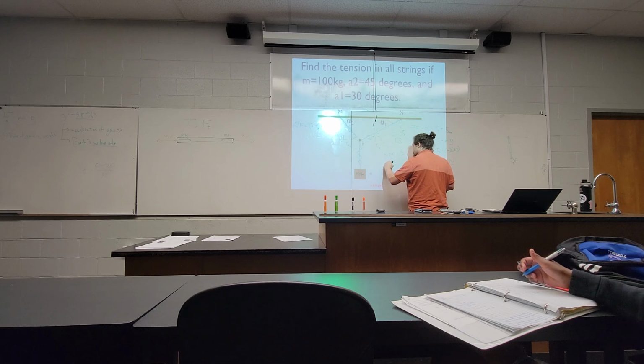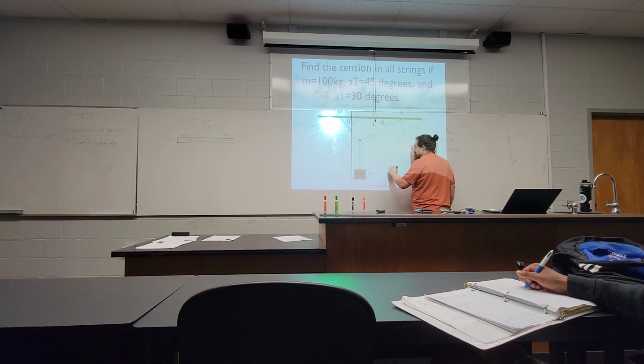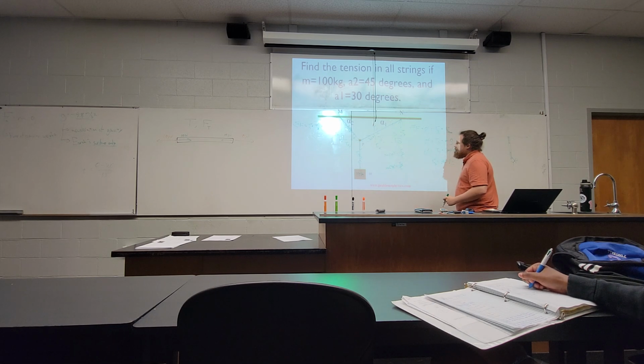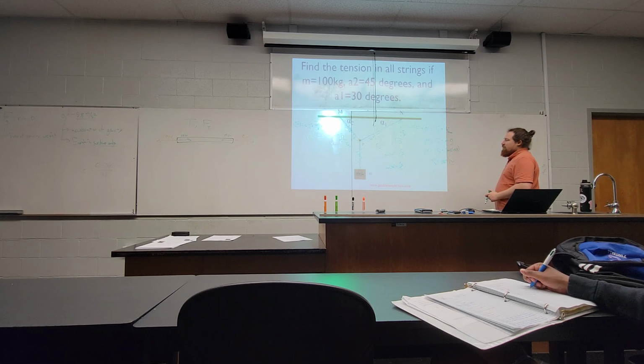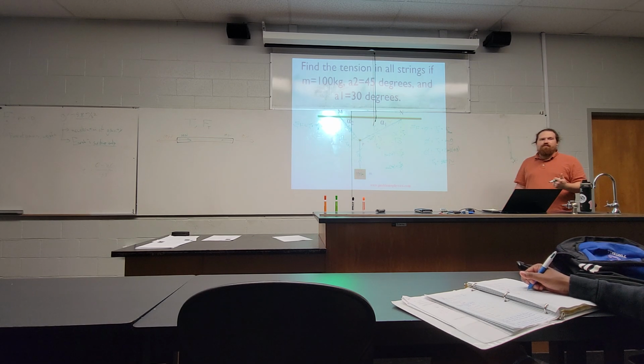Likewise, cosine would be the unknown x leg over the unknown hypotenuse. Now again, we still don't have a value for T1 or T2, so we're not going to get numbers for the legs.